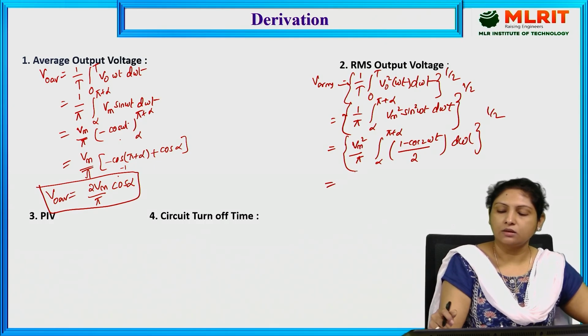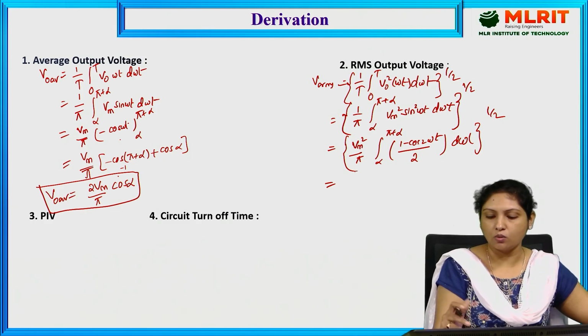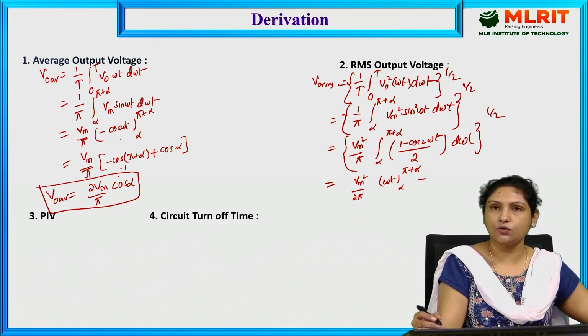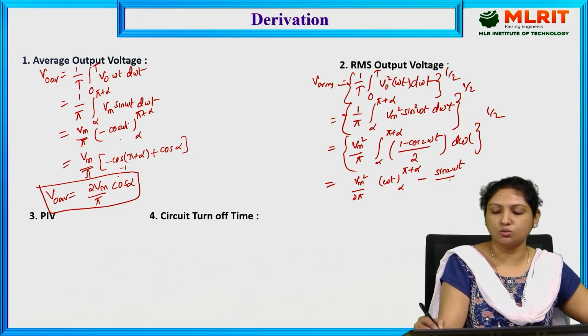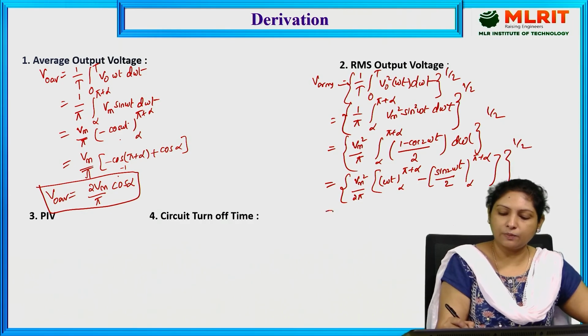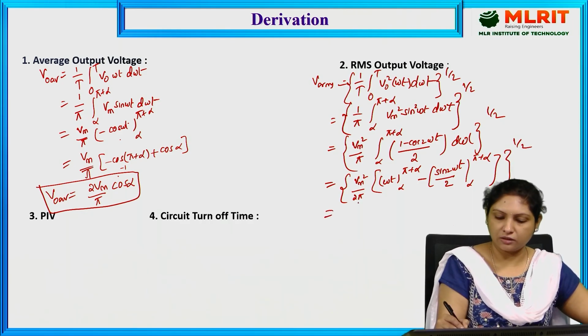We get, bringing this constant 2 outside, Vm squared by 2 pi, and the integration of 1 is omega t, right from alpha to pi plus alpha, minus the integration of cos 2 omega t, which is sin 2 omega t by 2, conducting from alpha to pi plus alpha, whole to the power of 1 by 2. Let us apply the power of 1 by 2 to this.